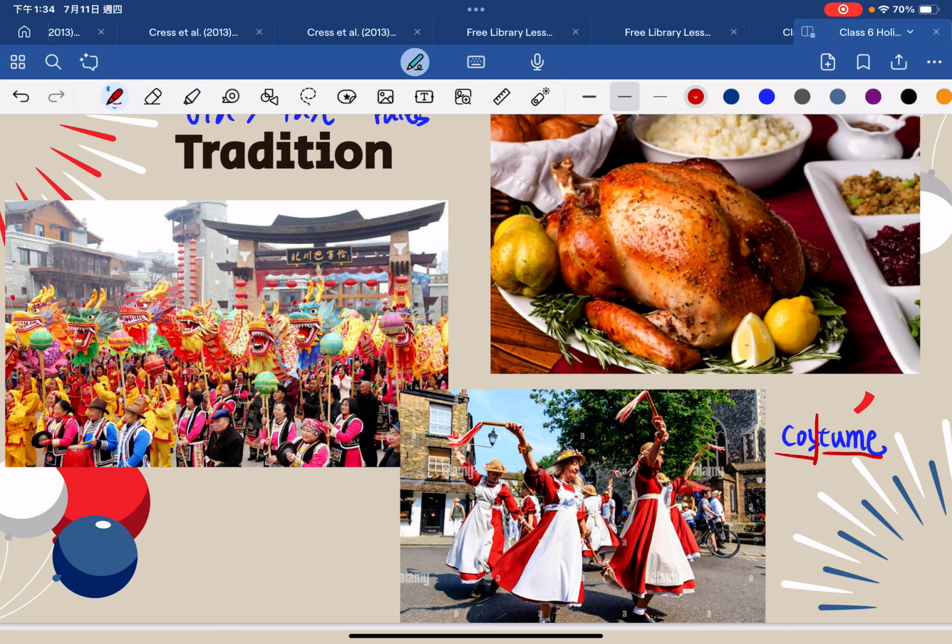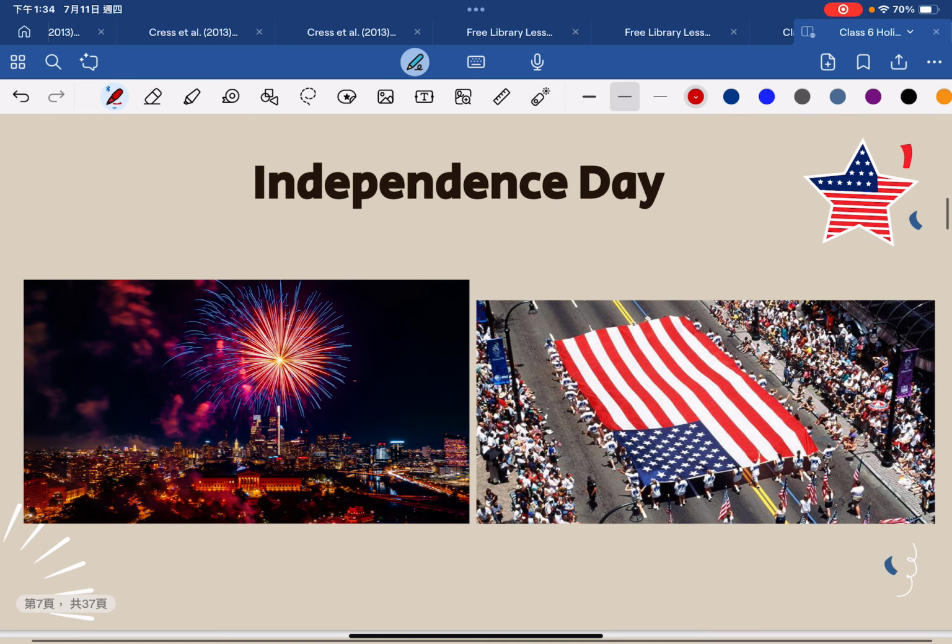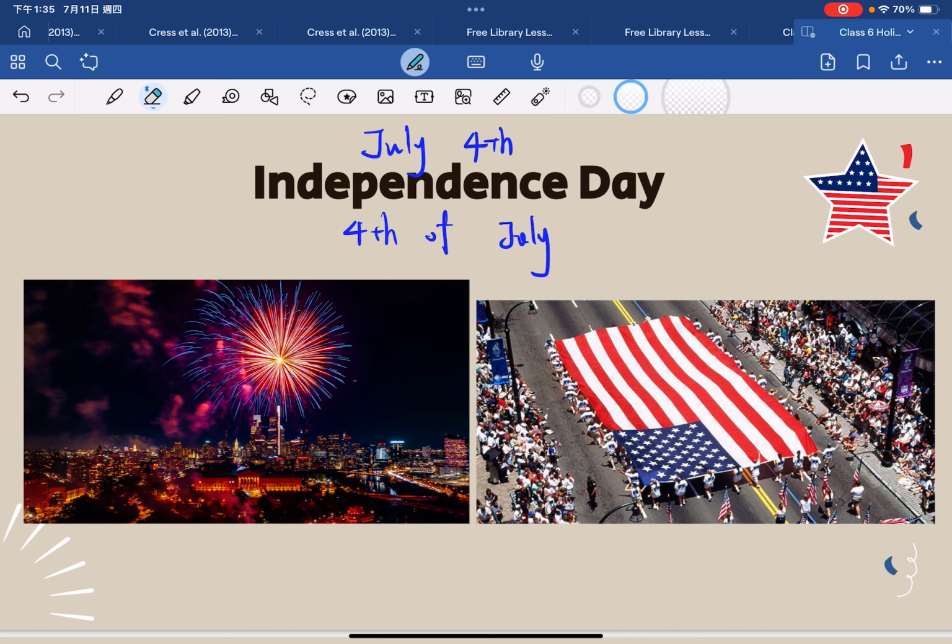Then we have Independence Day from last week. What is Independence Day? It's July 4th. You may also have heard of the 4th of July. So here we have fireworks.